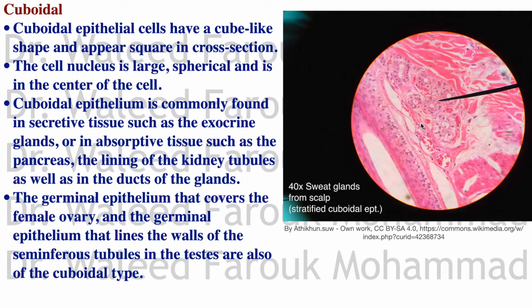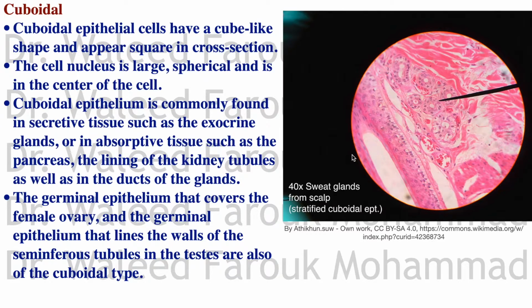The cuboidal epithelium is common to find in secretive tissue, such as the exocrine glands, or as absorptive tissue, such as the pancreas or the lining of the kidney tubules, as well as the ducts of the glands.